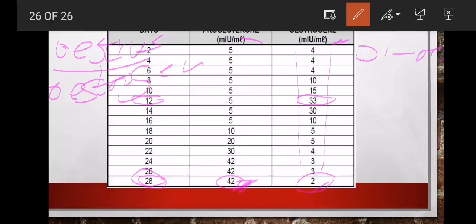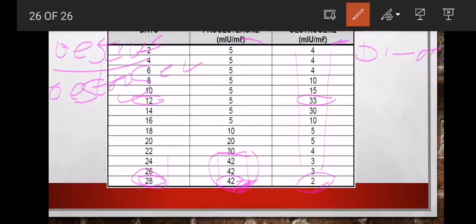Another way they may ask the question, they may say, determine whether the animal is pregnant or not pregnant. You look towards the end of the cycle. Towards the end of the cycle, you look at the level of progesterone: is it decreasing, increasing, or remaining the same? When you look at the level of progesterone, it is 30, 42, 42, 42.